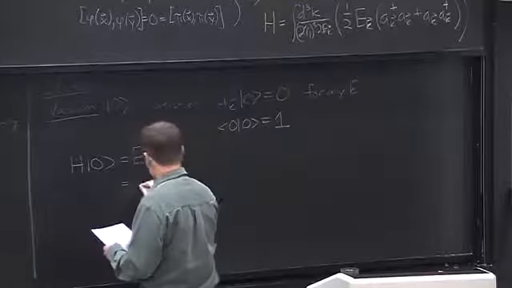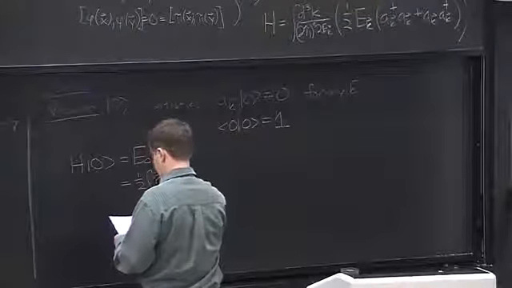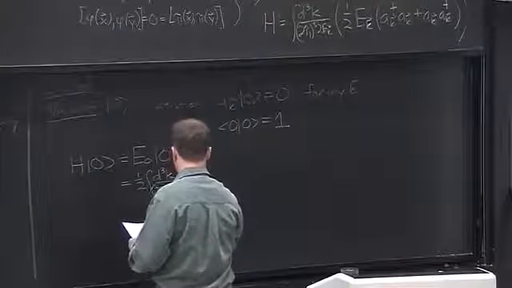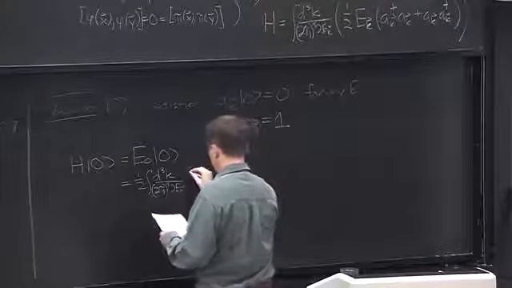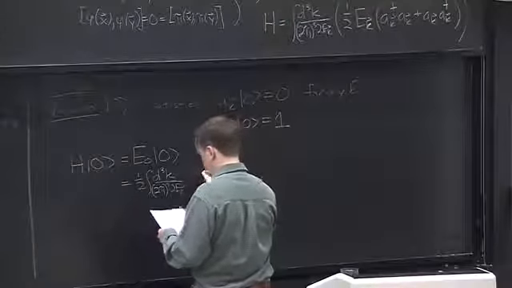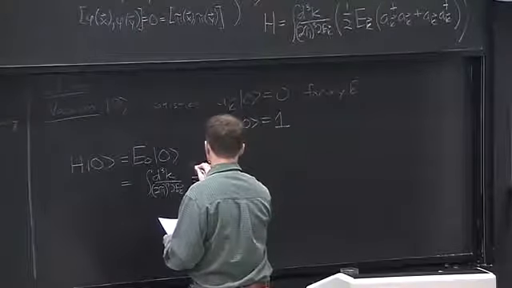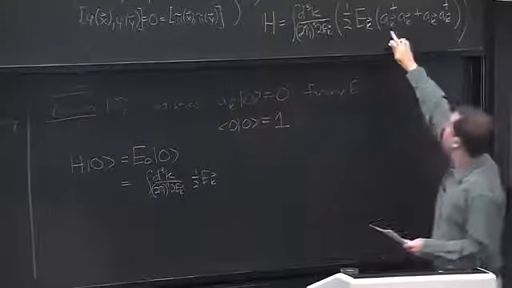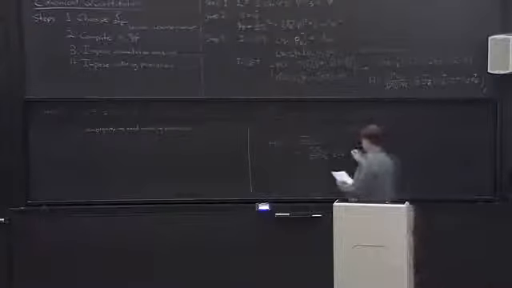So our Hamiltonian, as we found, is a Lorentz invariant measure, with a half E_k, and then we have two terms, a_k dagger a_k. We act with this term on the vacuum, we get 0, because a_k annihilates the vacuum. So the only term that survives is the other term.